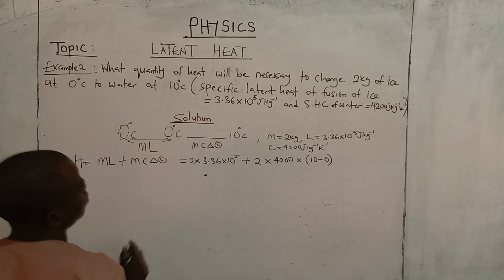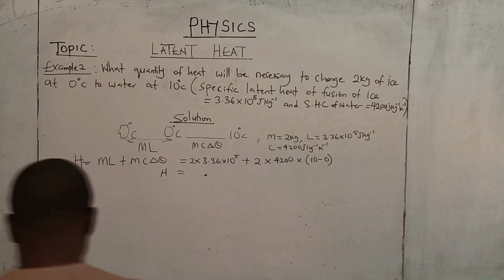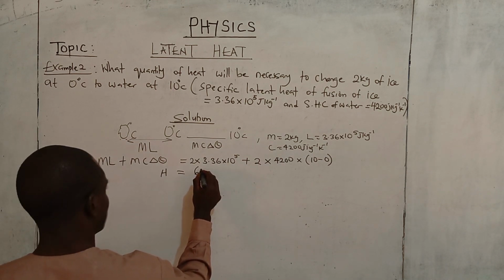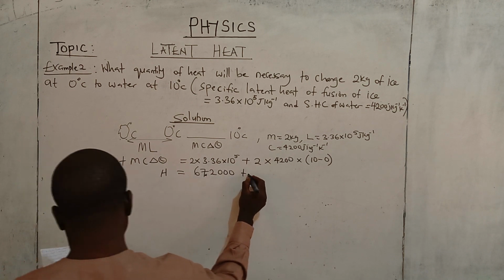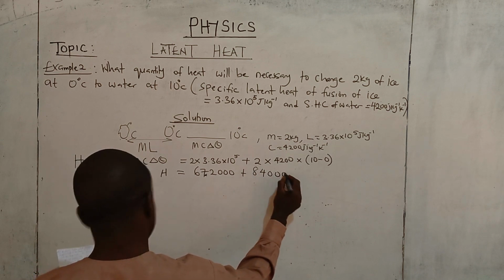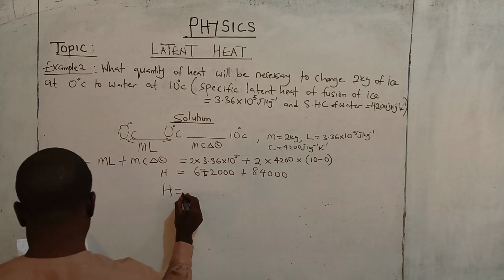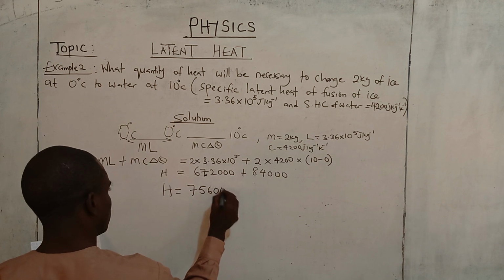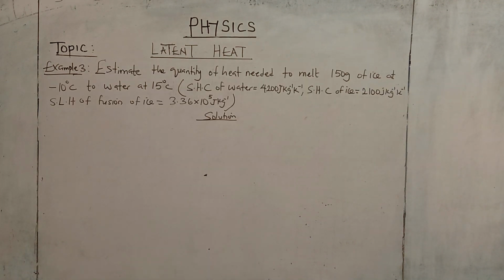When you do your multiplication very well, you have H to be 672,000 plus 84,000. Now it is 756,000 joules. The unit of it is joules.